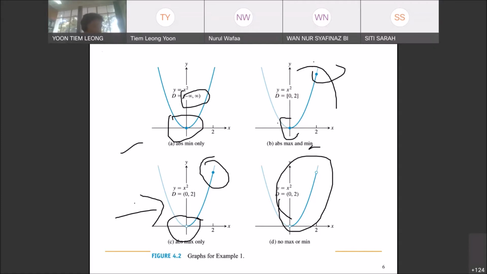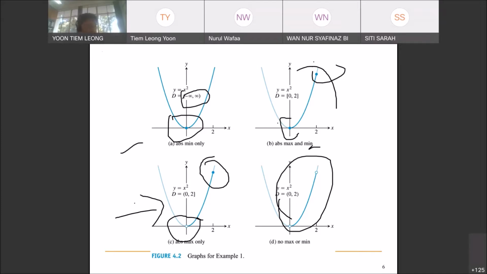Okay, so before I leave these slides, I just want to let you know that the absolute extremum for a function is defined based on the entirety of its domain. When you define an absolute minimum or absolute maximum, you are referring to the whole domain and finding the smallest value and the largest value.